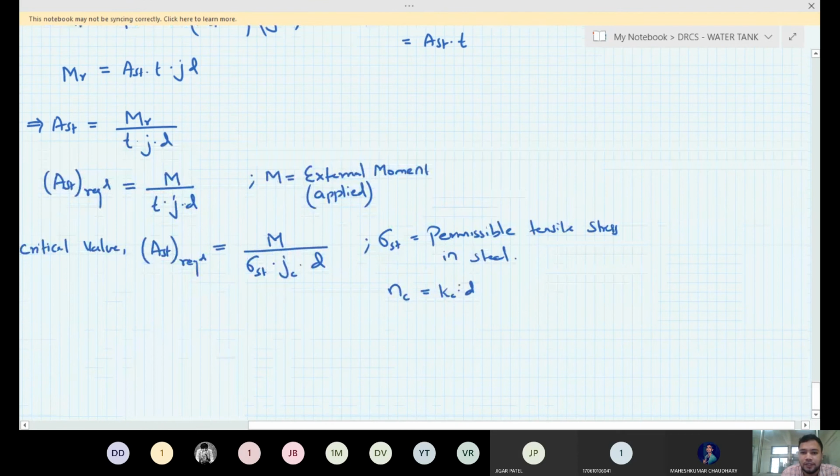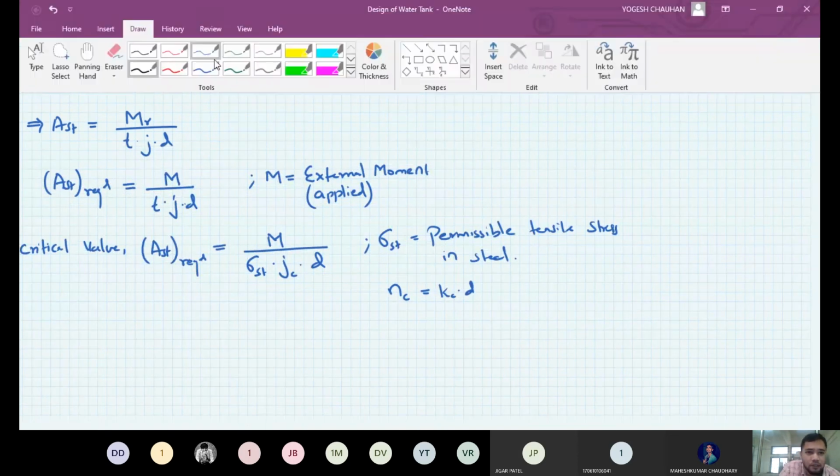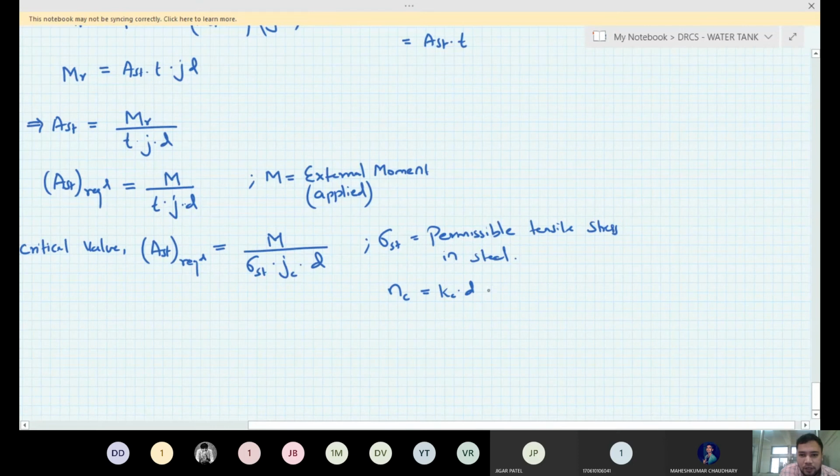So what is this KC? NC is KC into D, which is nothing but your critical neutral axis depth. It is the critical neutral axis depth, which is analogous to XU max in limit state philosophy.